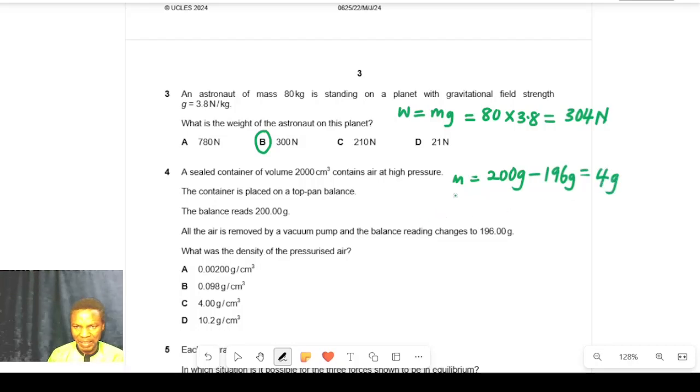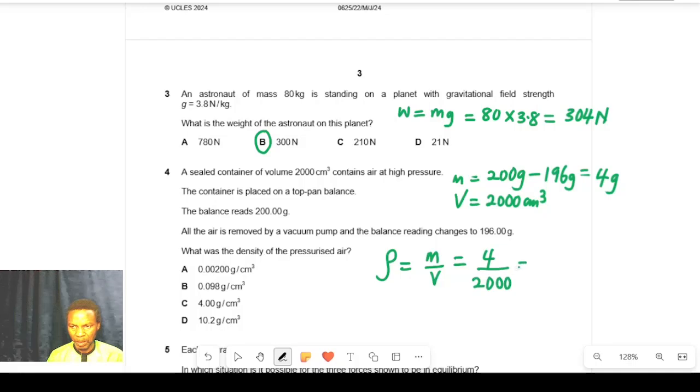The volume of gas is 2000 cm³. So what is the density of the pressurized air? Density is equal to mass divided by volume, which is 4 divided by 2000. This will give us 0.002 gram per cm³. So the answer is A.